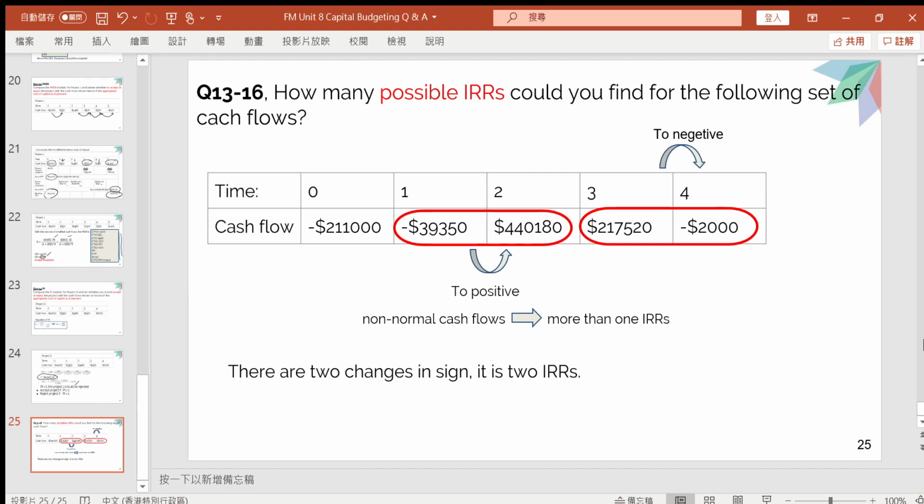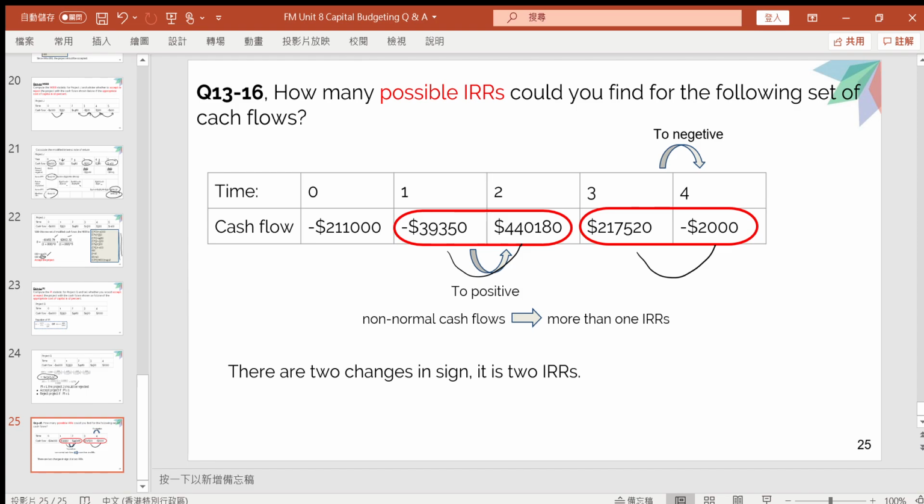But for this one, by looking at that, it changed 2 times only, and that is in year 1 to year 2, and then year 3 to year 4, and because of that, just 2 possible internal rate of return answers will appear.